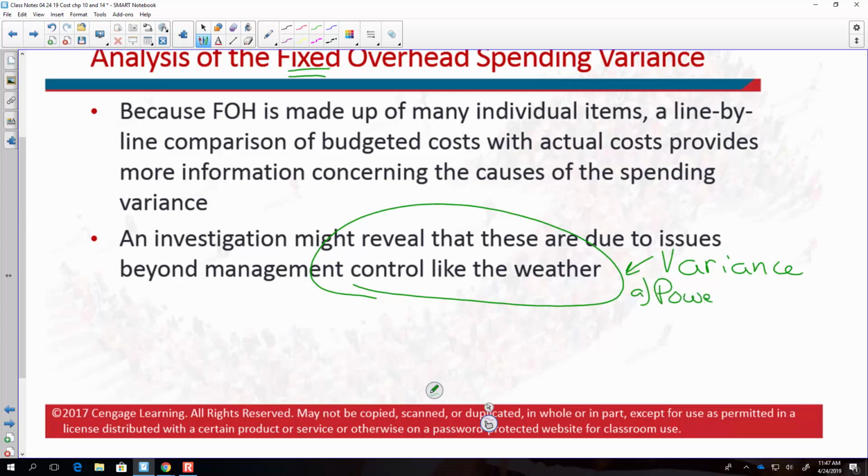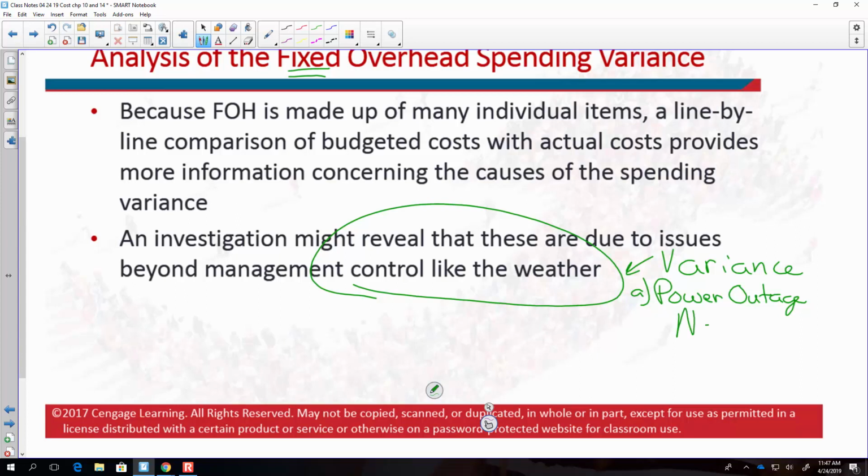Heater, AC, because it's warmer or colder than what they expect it to be. Yep, that would be utilities, that would be more of a variable. I'm keying in on power outage. Why is that? How would that mess up my fixed overhead? When the power goes out, what happens? No production.